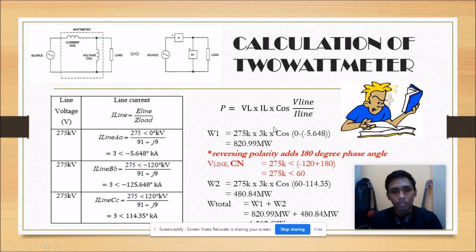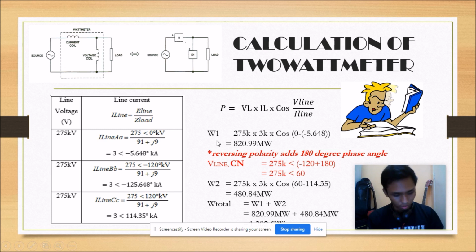Okay, for the power formula, we use V line times I line times cos of the phase angle, just pick up the V line over I line, which means we must subtract between these two values.